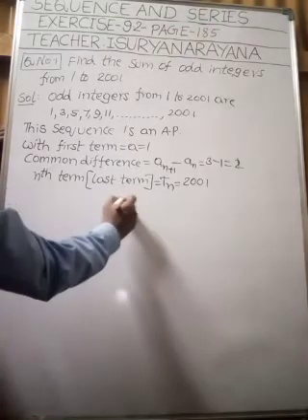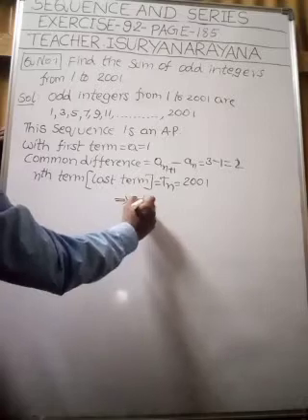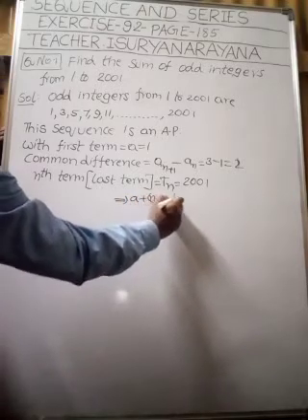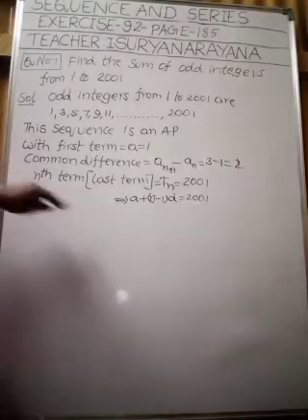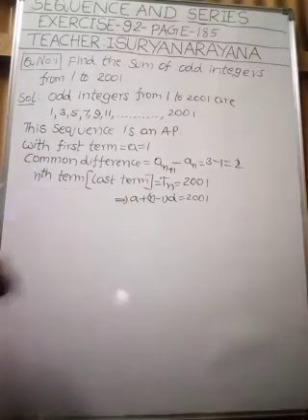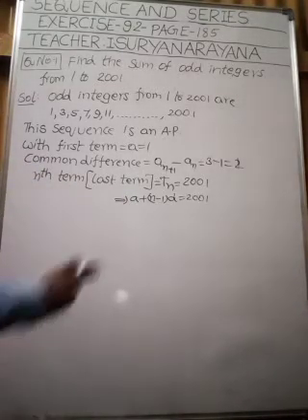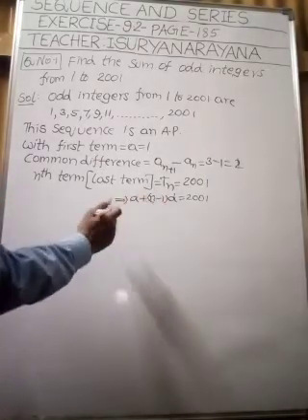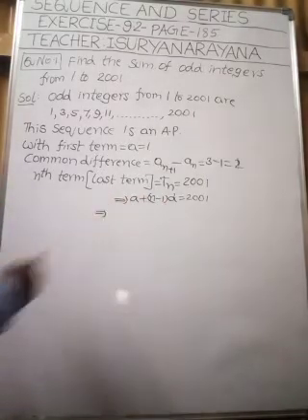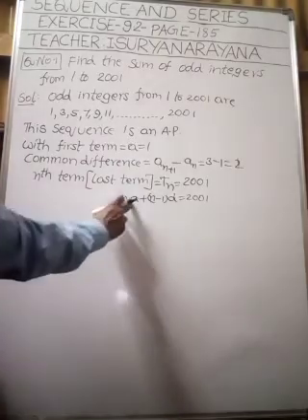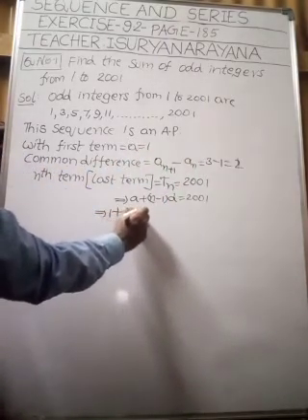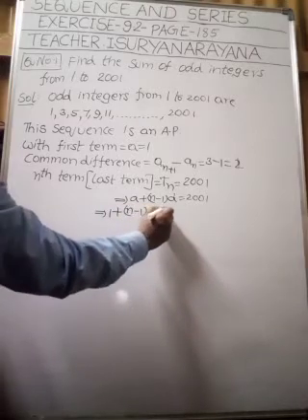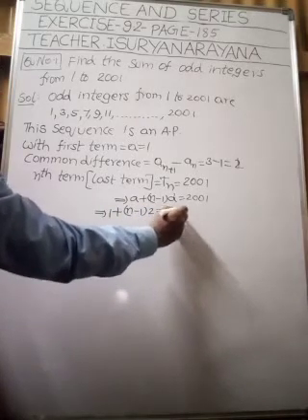So Tn, how do you denote? A plus n minus 1 into D is equal to 2001. This is the formula for the nth term of an arithmetic progression. Do you remember this formula, my children? In this formula, we substitute the A and D values because we have already found them. So 1 plus n minus 1 into 2 is equal to 2001.